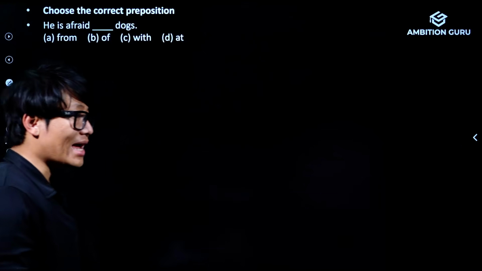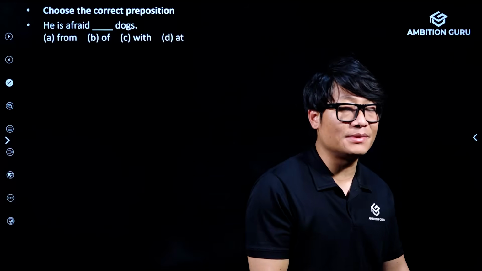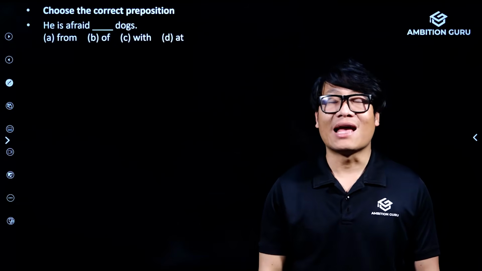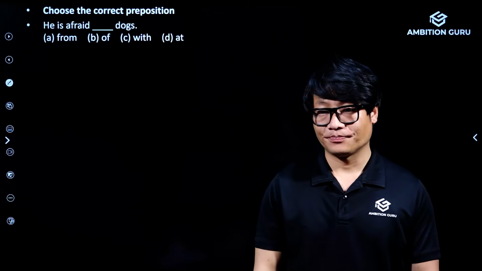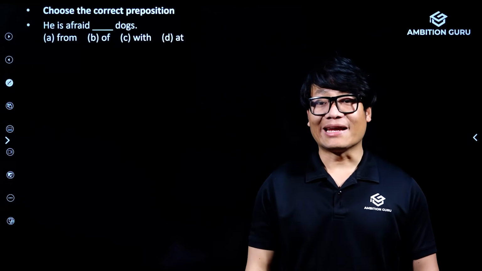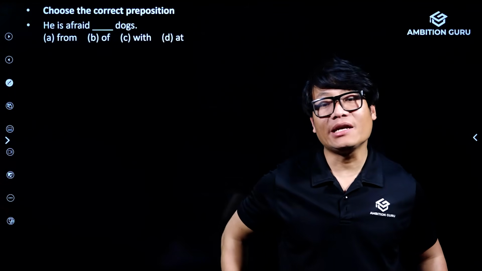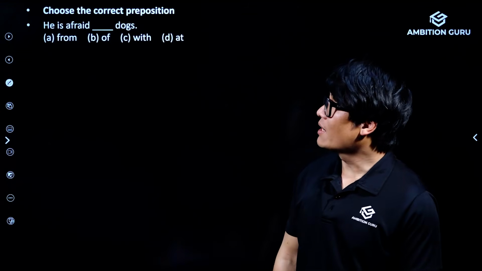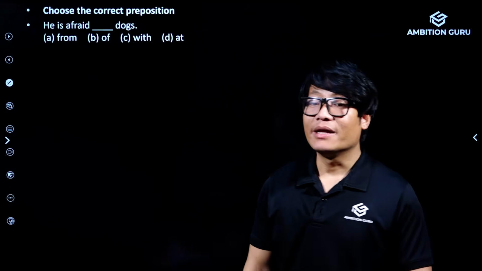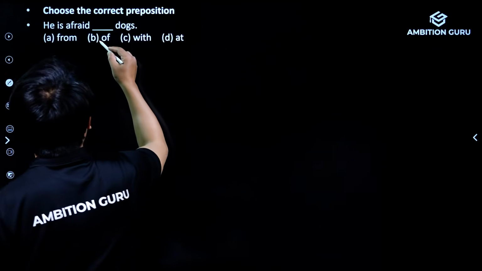Okay, we know that there are some verbs, some words which have fixed prepositions. Like interested, after that there should be in anyhow. And obviously, what happens when there is afraid? Yes, afraid of.